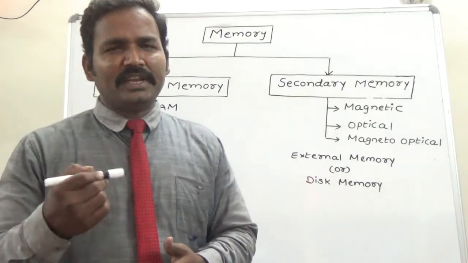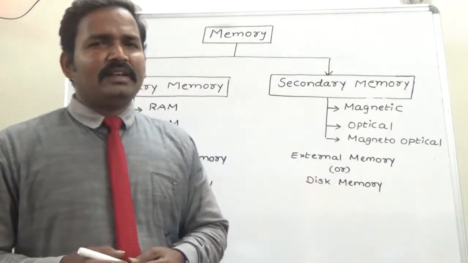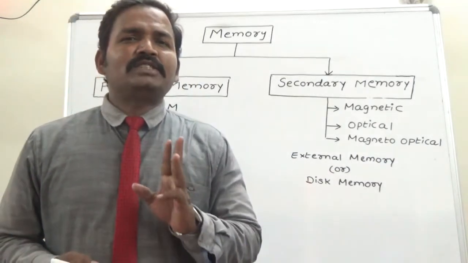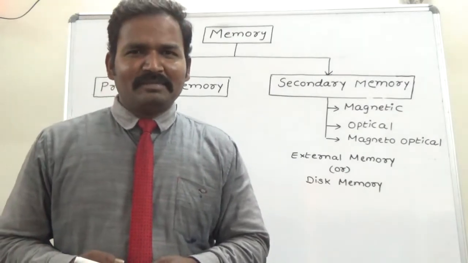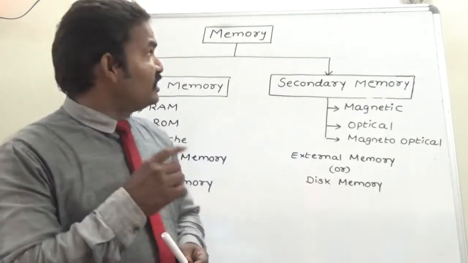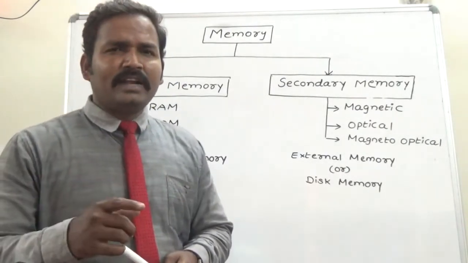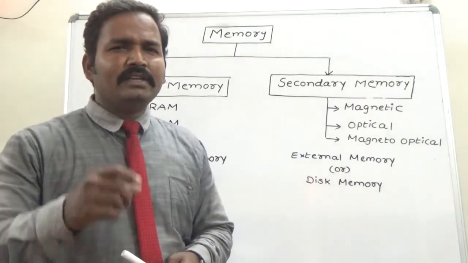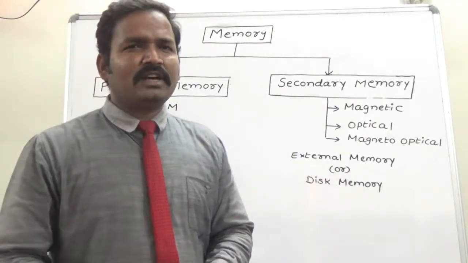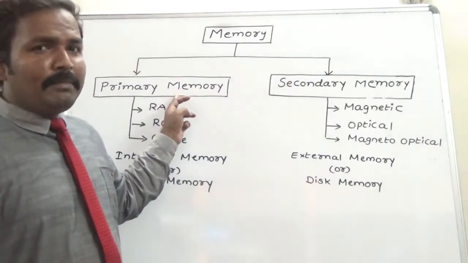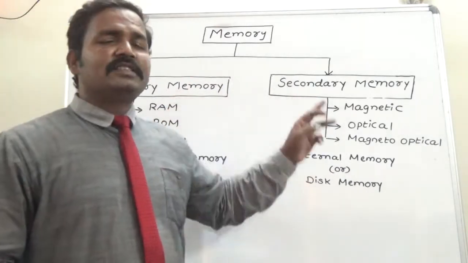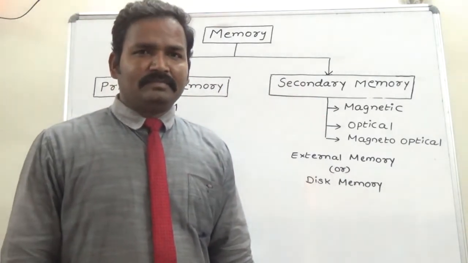Memory means storage, and there are two kinds of computer memory. Memories can be divided into two types: primary memory and secondary memory.